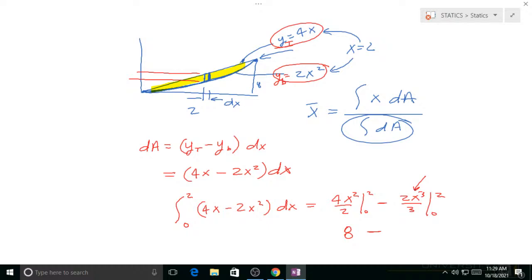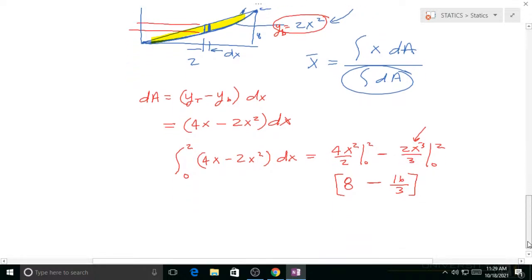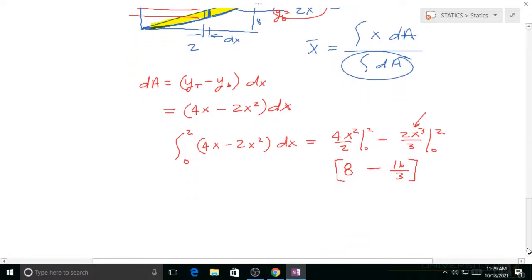So it's 4 and 4. Is that right? 2 cubed is 8, and then times 2 is 16, and then divided by 3. Yeah, and I can't reduce it anymore. So you're going to end up with a fraction.